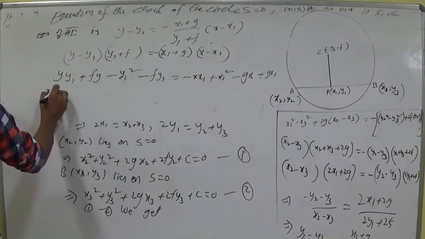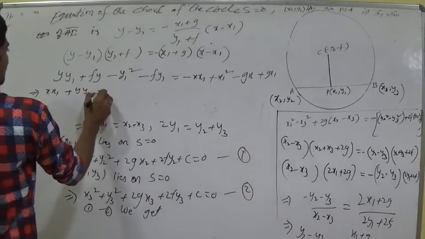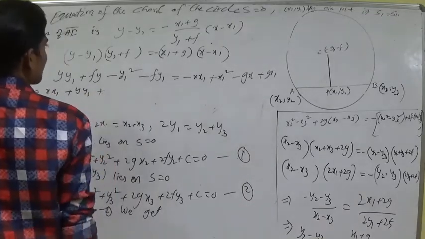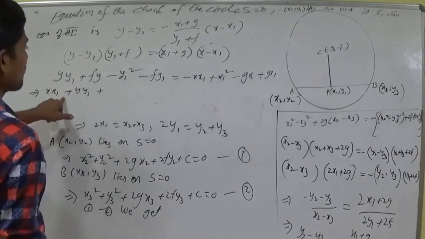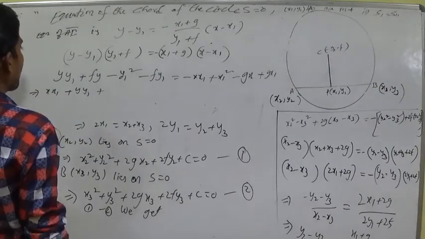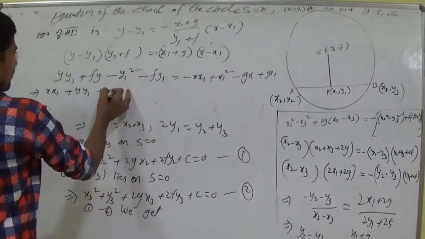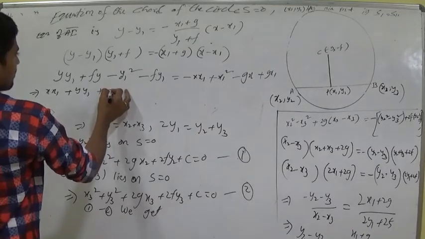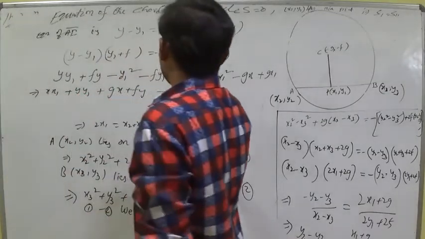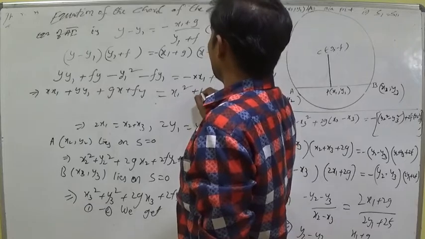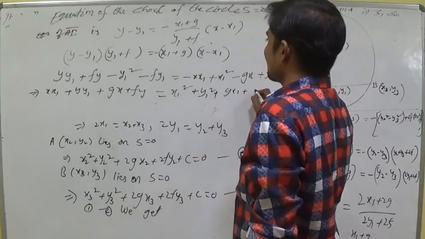So xx1 plus yy1 plus gx plus fy equal to, now x1 square and y1 square plus gx1 plus fy1.